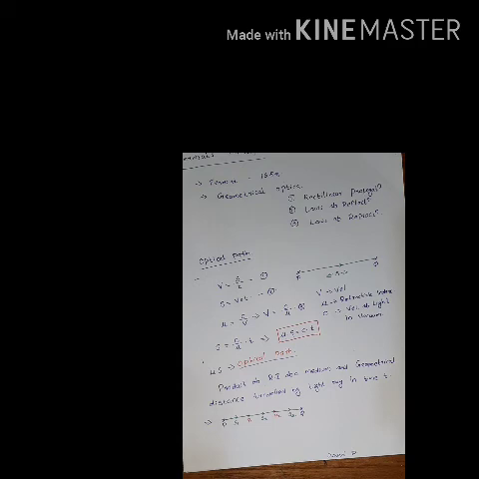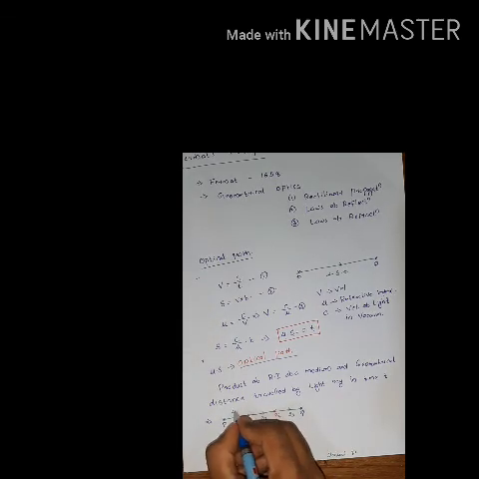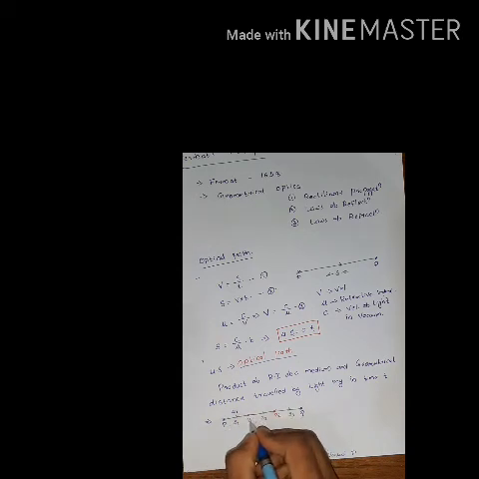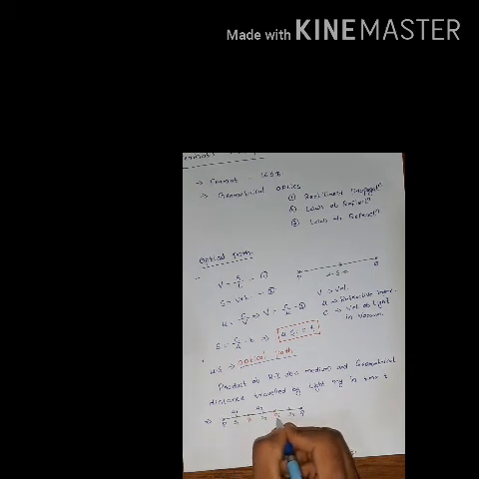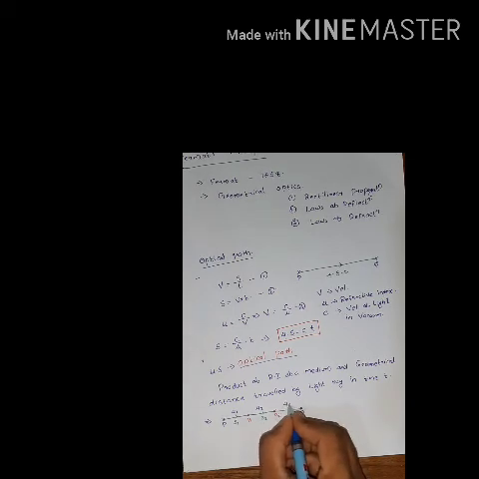And let us consider that the distance P to Q consists of three mediums having refractive index values mu1, mu2 and mu3. That is, from P to P1 the refractive index of the medium is mu1, and from P1 the medium changes and the second medium has a refractive index mu2, and again at P2 the medium changes and the final refractive index is mu3.